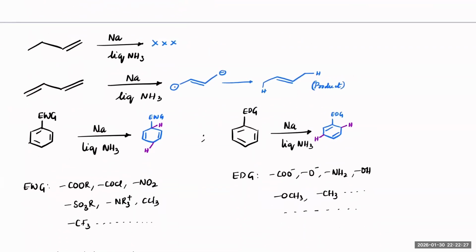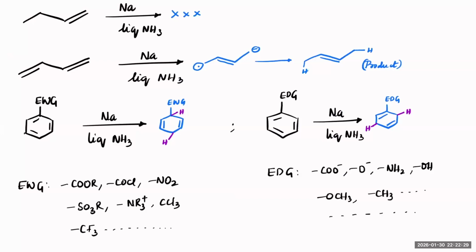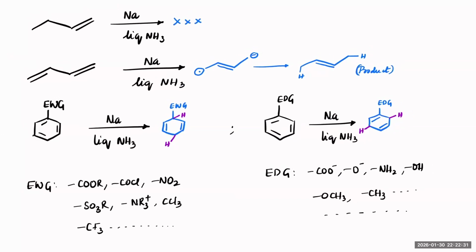Okay. So this is majorly the Birch reduction. Birch reduction is essential for triple bonded carbons. It is observed in conjugated double bonded carbons, whether it is a benzene system or a normal system. In all the cases, Birch reduction will take place.